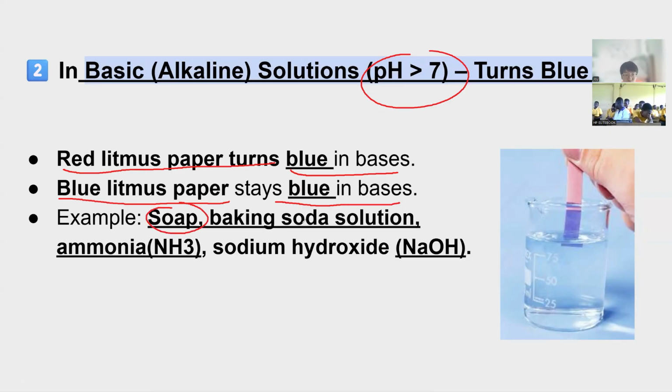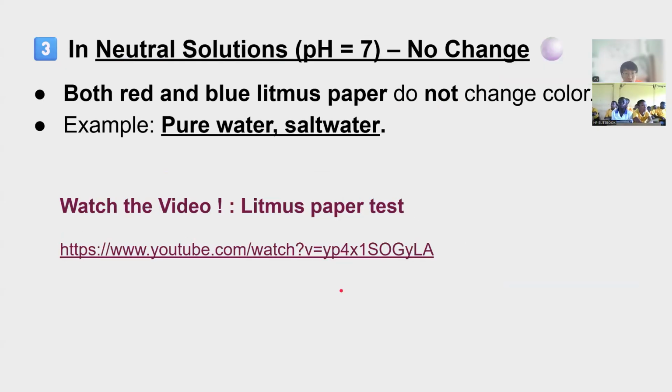Examples are soap, baking soda, ammonia, and sodium hydroxide. All of these are examples of bases, and you will observe that if you stick a litmus paper in there, it will turn blue. I will actually show you a video that shows this litmus paper test.